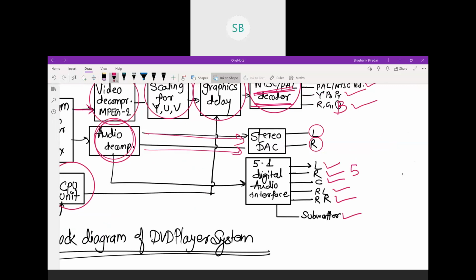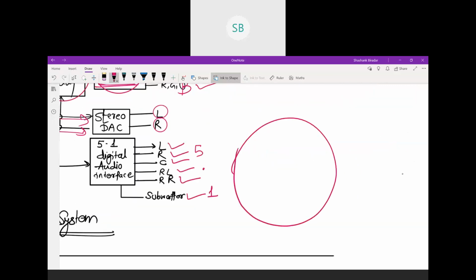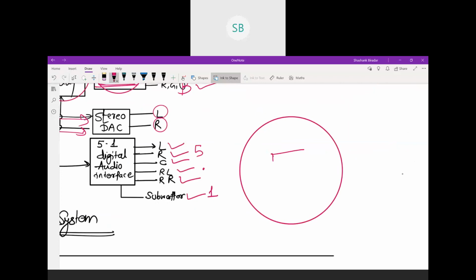So basically, let us consider this is a surrounding where you are watching this screen and you are sitting over here. Okay, so here you have the left channel, here the right channel, here the center channel, here the rear left, here the rear right, and here the subwoofer.